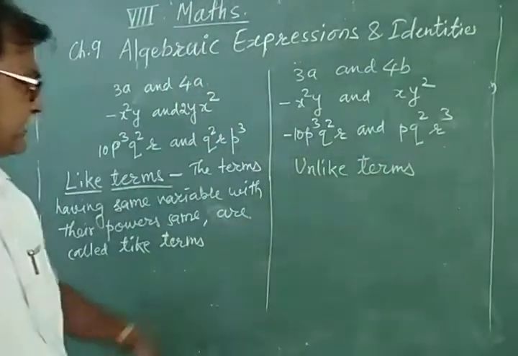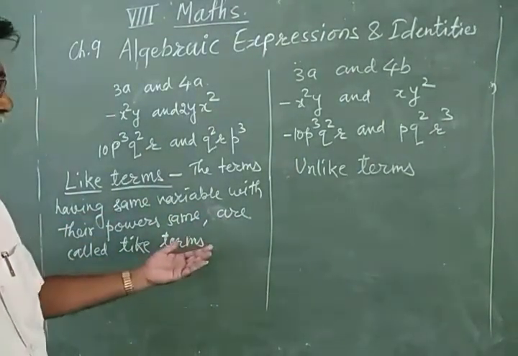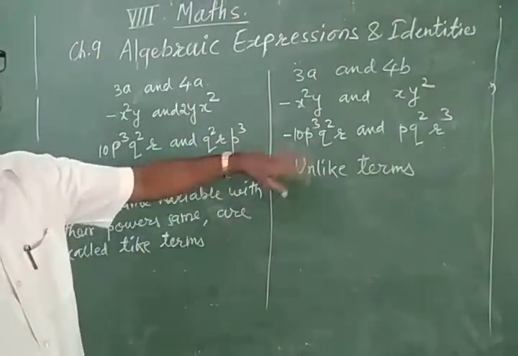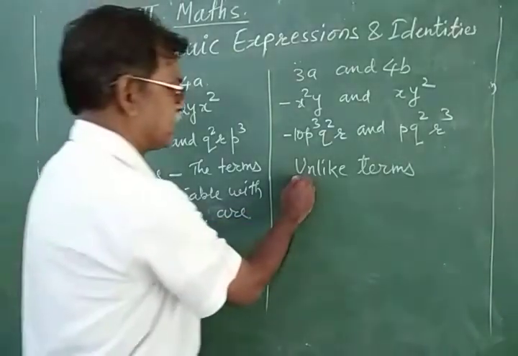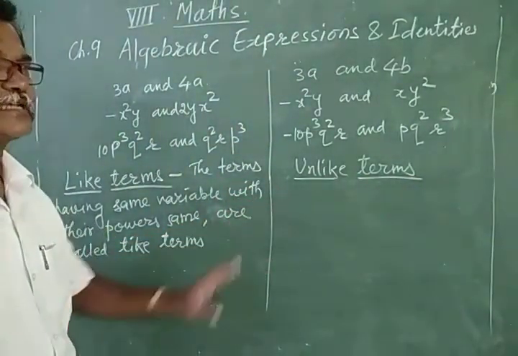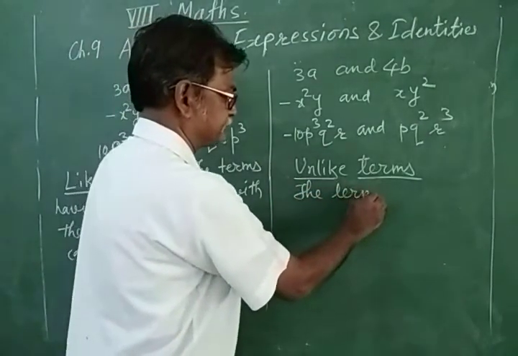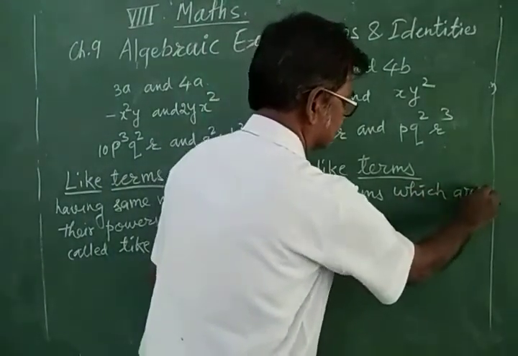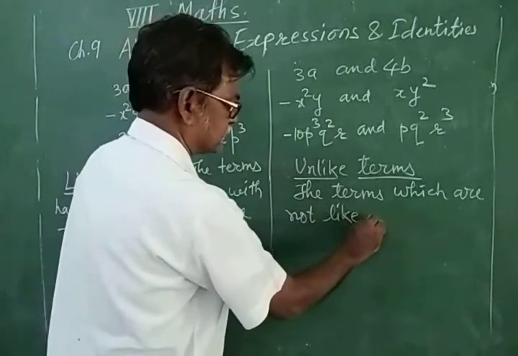You can define it, the terms having different variables or different powers are called unlike terms. Or simply you can say the terms which are not like terms.